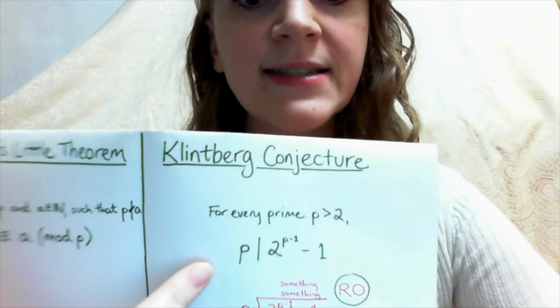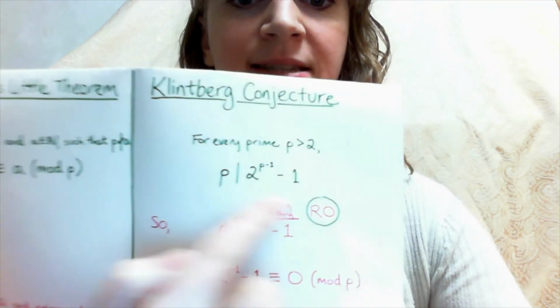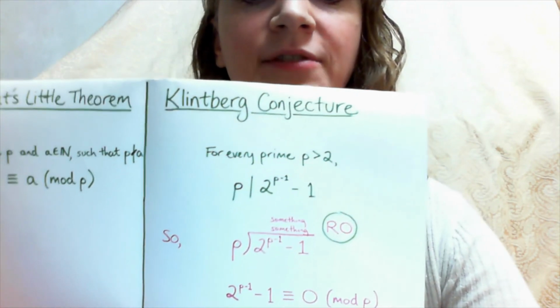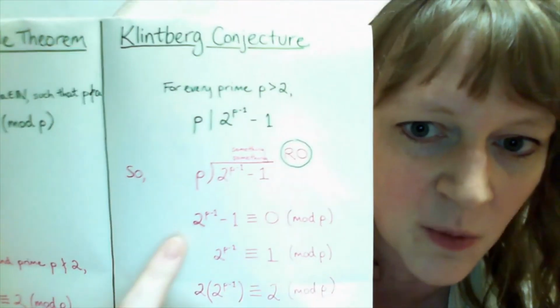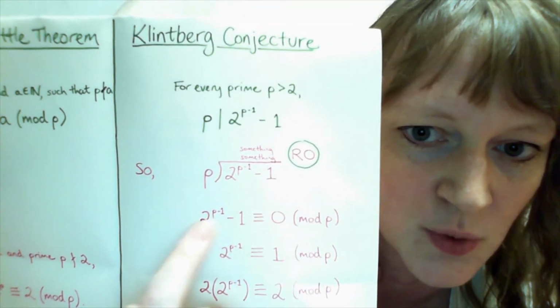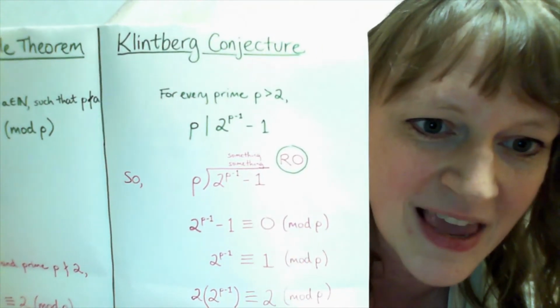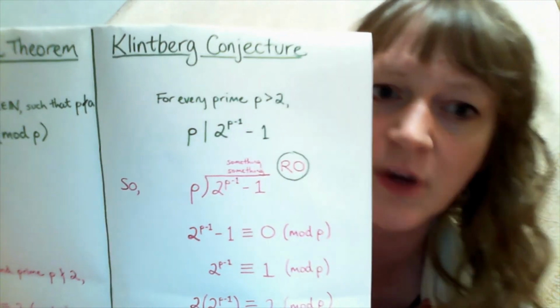If we look at this again, we're saying that p evenly divides something, so it's going to have a remainder of 0. We can write this using mod language to say that 1 less than 2 to the power of p minus 1 is congruent to 0 in mod p. Now with mod you can do all kinds of arithmetic with specific rules so that it still works.